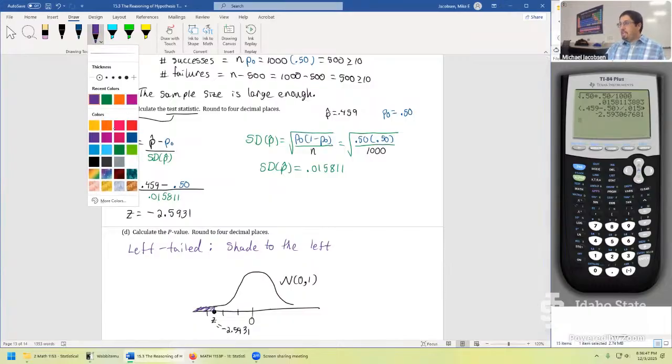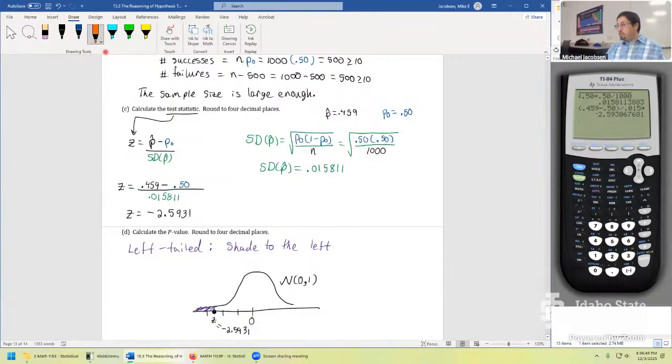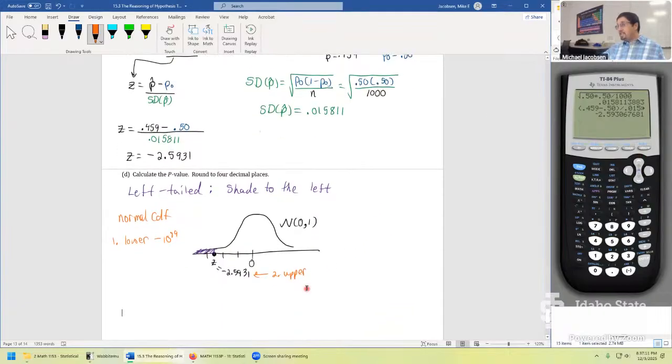So now going down the line of the things we would use, it's normal CDF, where input 1, lower, on a left-tailed test, the lower value is negative 10 power 99, because we're shading to the left without stopping. This is input 2, the upper value. And from those two pieces of information, we've essentially got the p-value. We just need to crank it out.